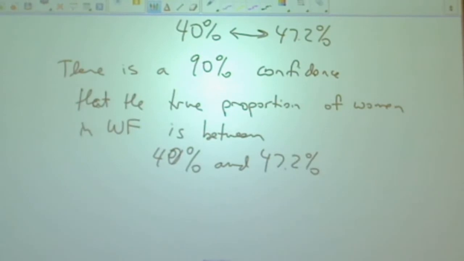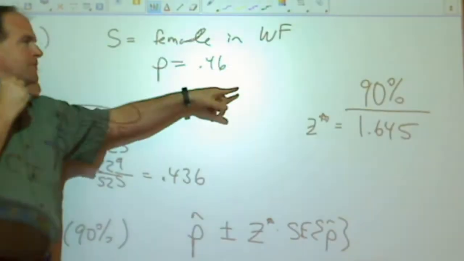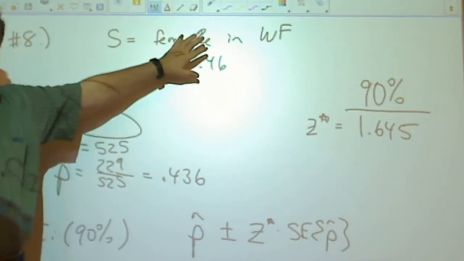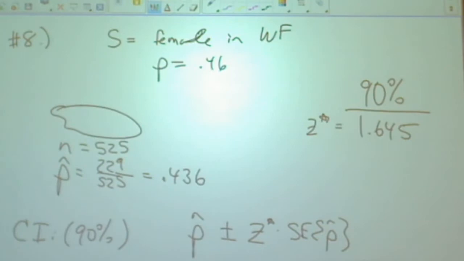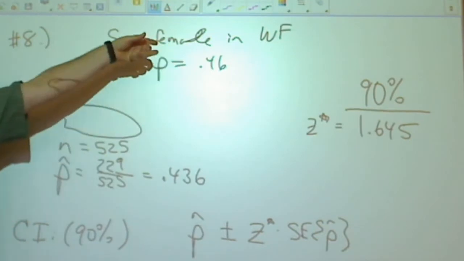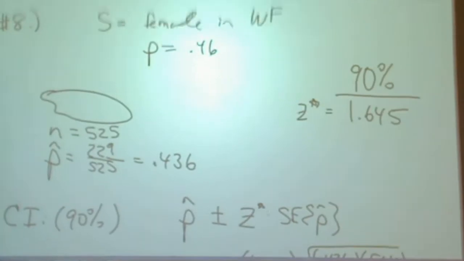So what if you asked us for the confidence interval for the 46% of females in Europe? We use the 46%, not the 0.436? You really wouldn't use this. What you have to remember is that when you're computing a confidence interval, you're using sample data. That's not sample data, that's like prior knowledge of what's been going on.